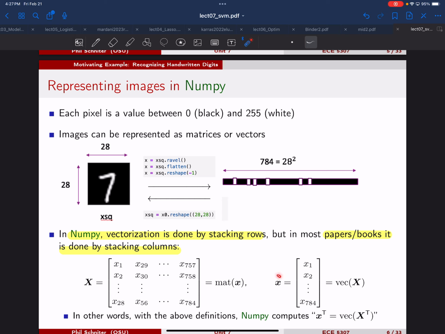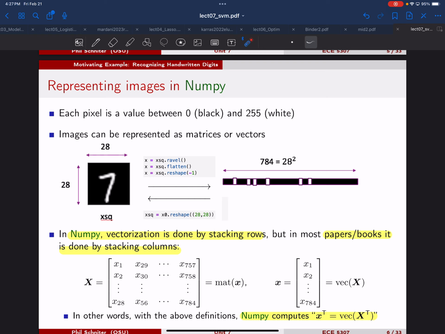Or if you start with this vector and you want to put it back into this matrix, here we're using this mat command to go from the vector back into the matrix. And if you think about what NumPy is doing, essentially, you could say it's using the same commands, but it transposes that matrix before it puts it into the vector operation.